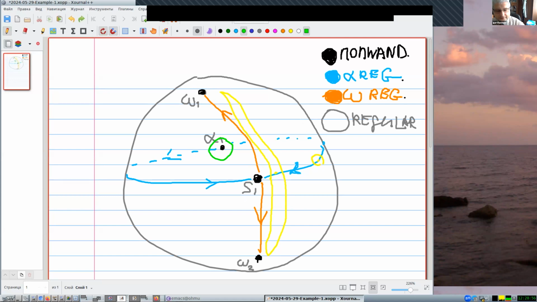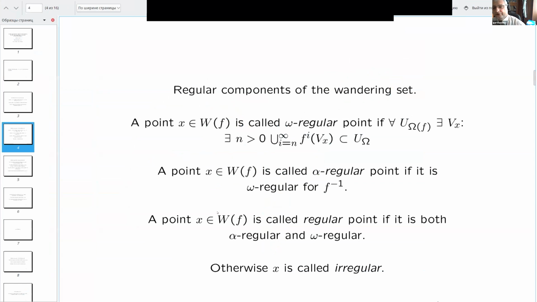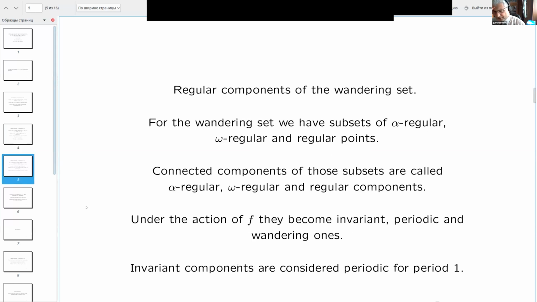Thus, we have the decomposition of the wandering set into classes such as alpha regular and omega regular. When a point is both alpha and omega regular, it's called just regular. And if a point is neither alpha nor omega regular, then it's called irregular. This is the classic definition by Birkhoff, but it is not much used now.